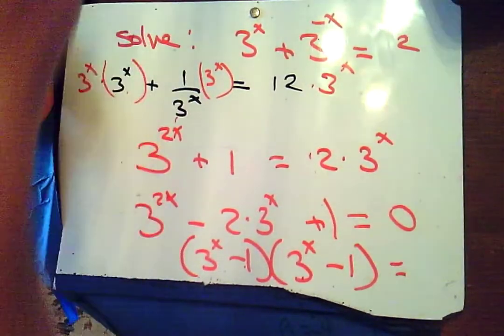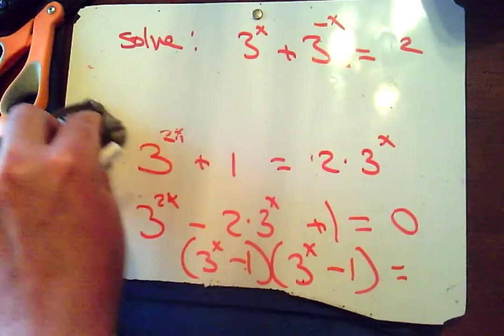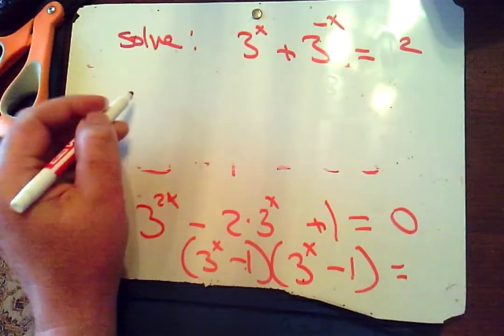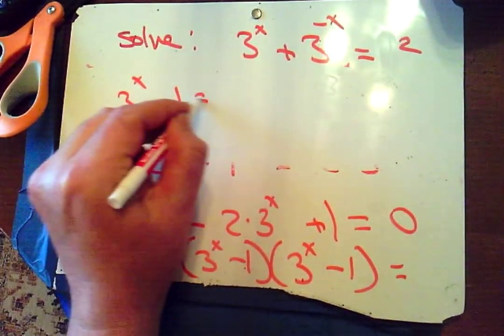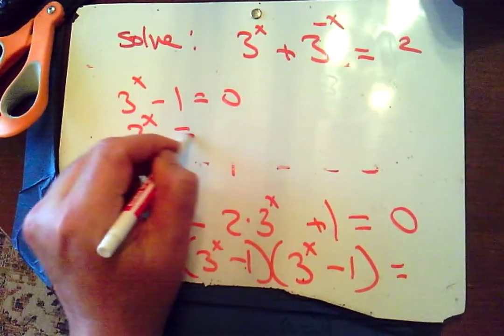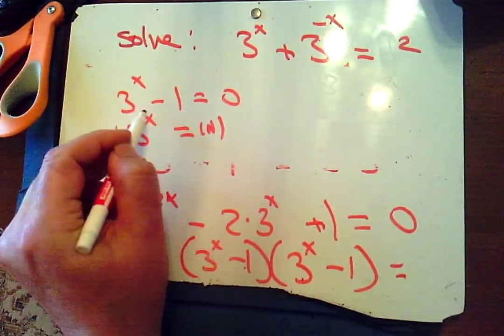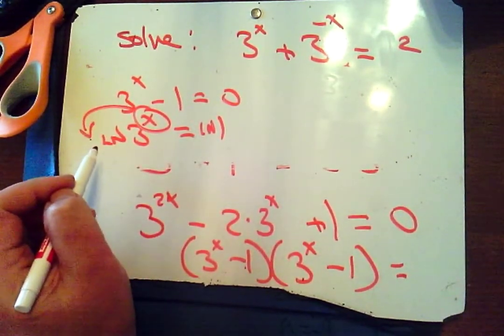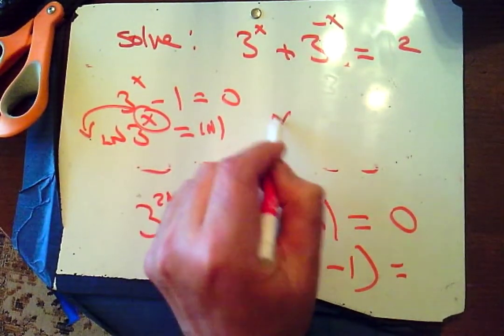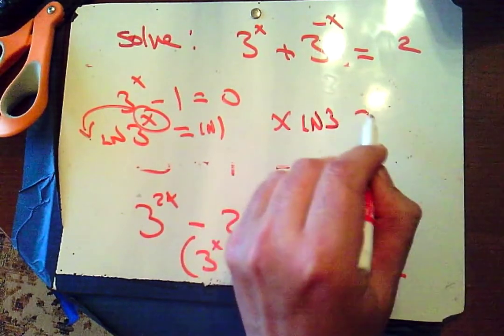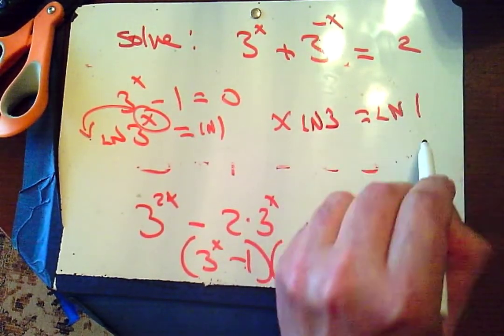Now I'm going to set each of these factors, but they're the same, equal to 0. So 3 to the x minus 1 equals 0. 3 to the x equals 1. Let's take the ln of both sides and bring this down. And so now I get x ln 3 equals ln 1.